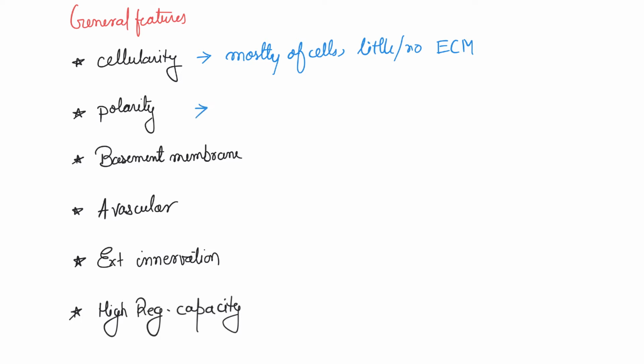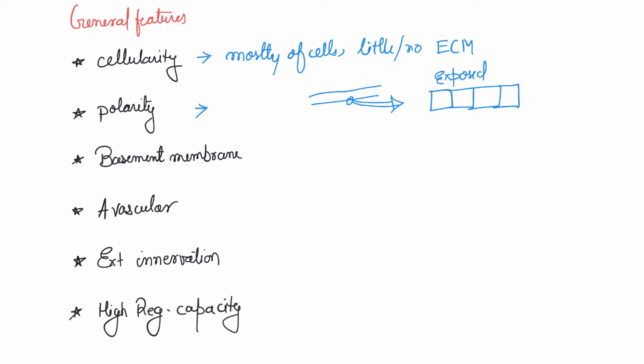Polarity, that means there will be two types of surfaces. So if this is your epithelial tissue, and let's say this is a tube, if you take a section of a tube, there would be one surface that is exposed on the outside.